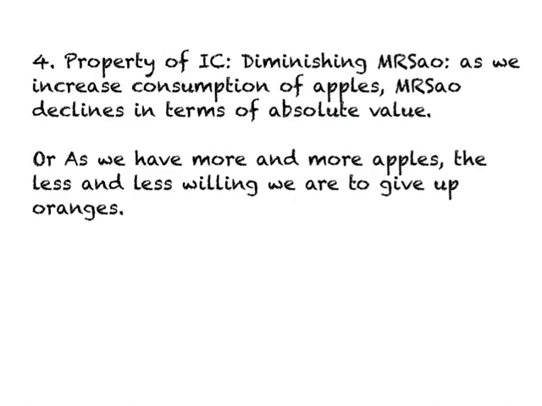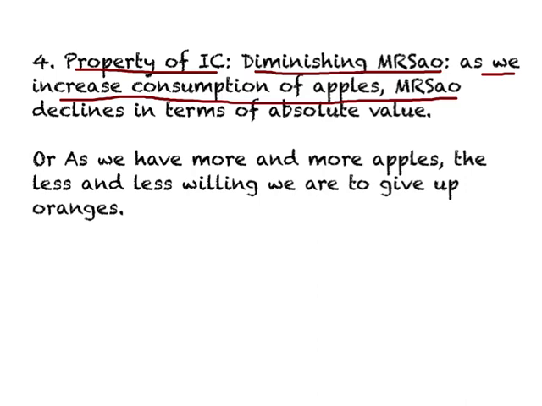Now we can write down the fourth property of indifference curves in a more formal way, and what we require is diminishing marginal rate of substitution between apples and oranges. And what does this mean? As we increase consumption of apples, marginal rate of substitution must decline in an absolute sense.